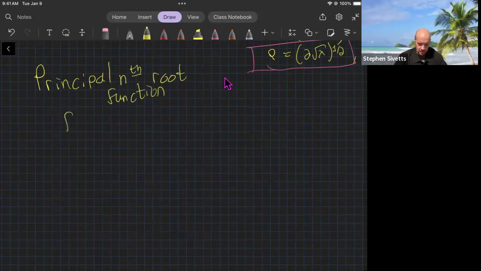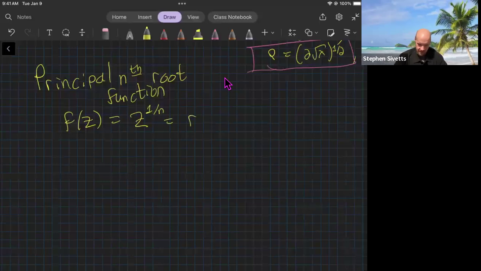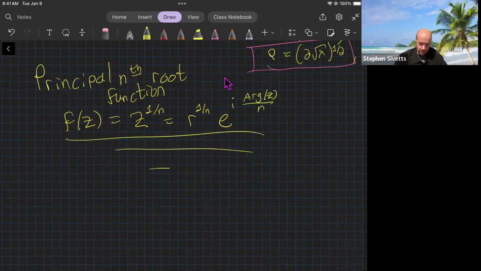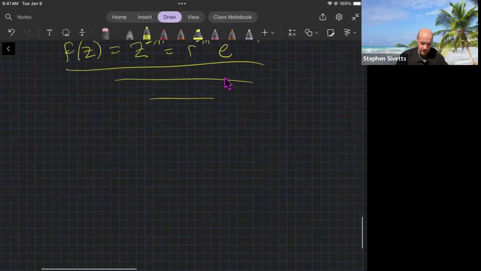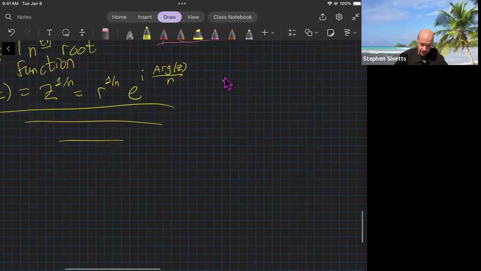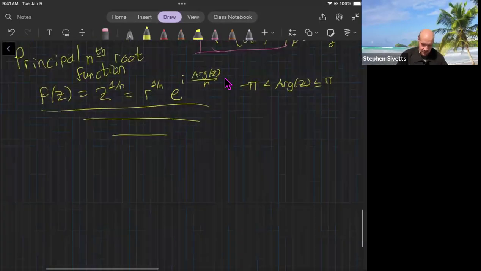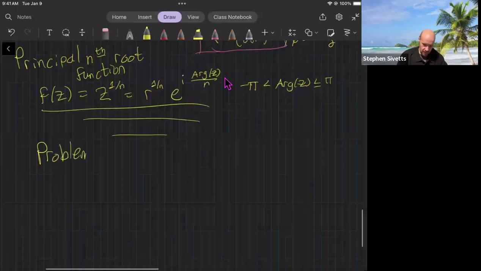If I have an nth root, in terms of polar coordinates, you take the nth root of your radius times e to the I of the principal argument of z divided by n. So that's the definition. And the principal argument of z is in between this range, so don't forget that.